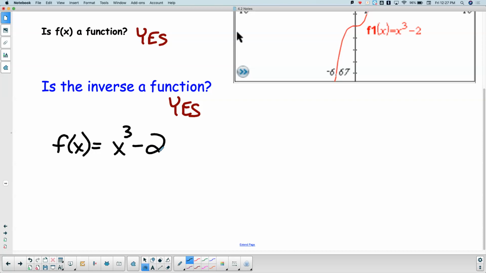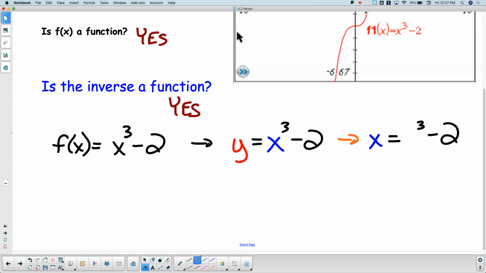So this would become y equals x cubed minus 2. Flippity floppity. Add 2. Cube root.